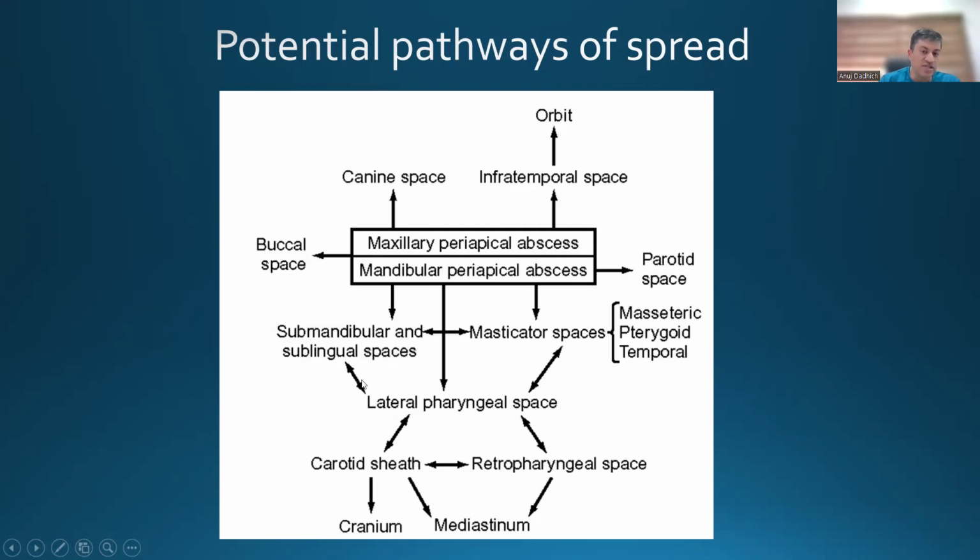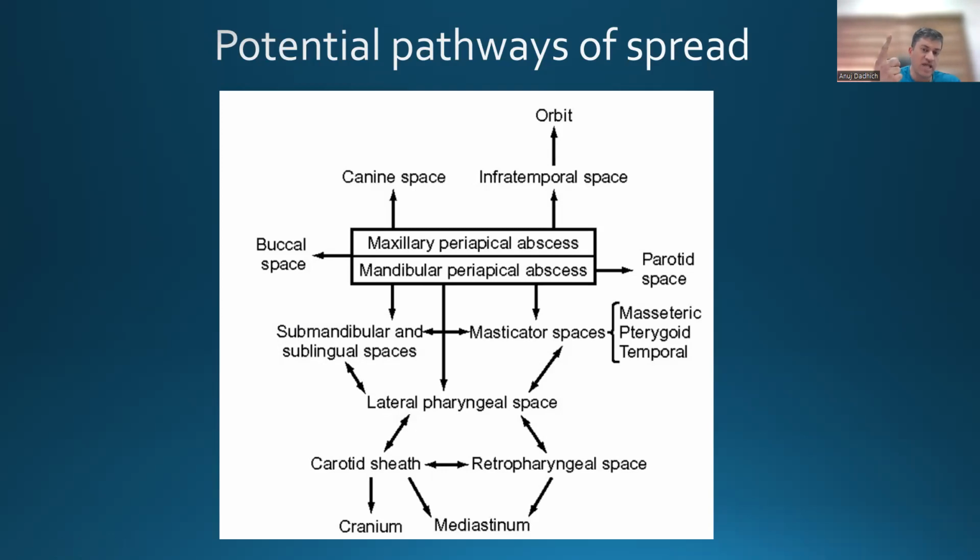From there, the disease might spread to the lateral pharyngeal spaces. From the lateral pharyngeal spaces, it follows the carotid sheath, and following the carotid sheath, the disease might spread inferiorly or superiorly. If it follows the carotid sheath superiorly, it will enter the cranium, and in the cranium, it can lead to two life-threatening situations.